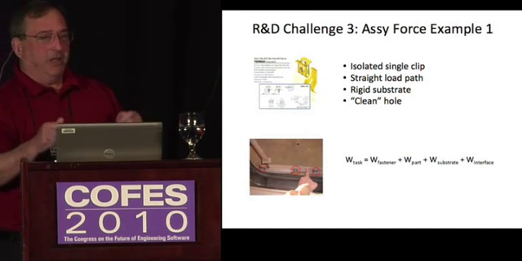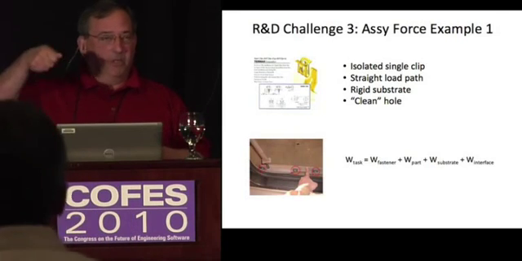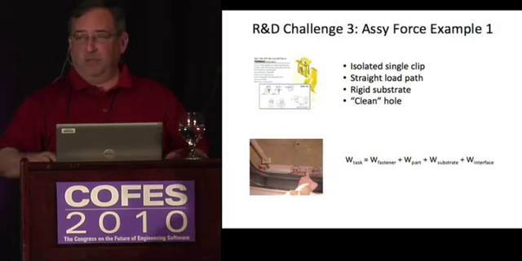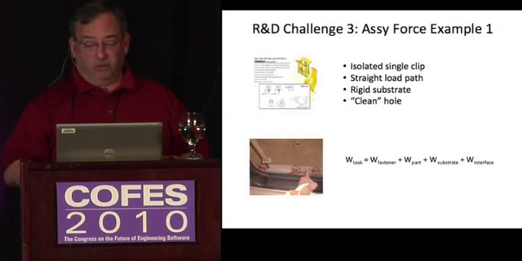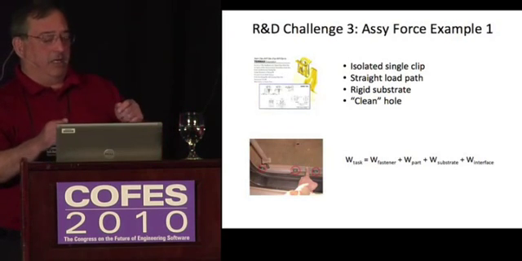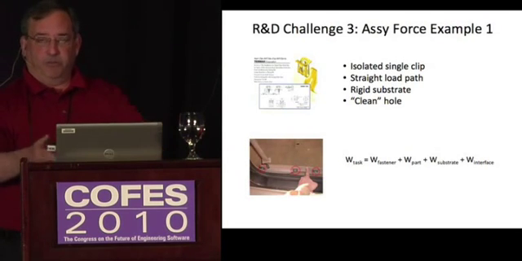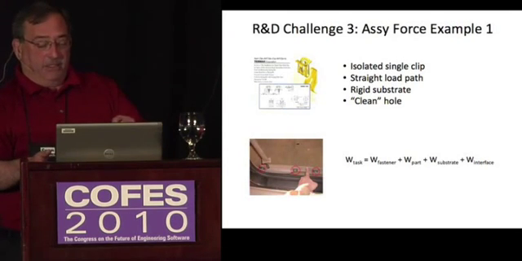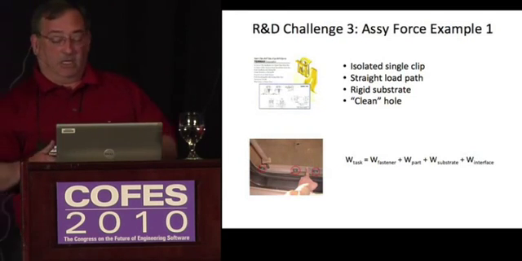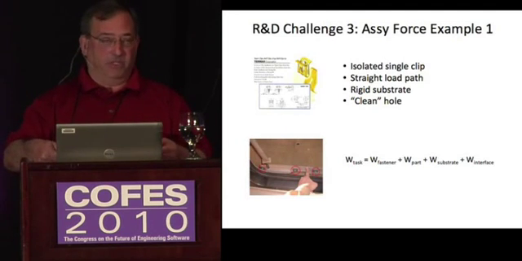But the data that we get from the supplier is based on a single clip being inserted with a straight load path into a rigid substrate with a very clean hole. And in the real world, none of those things really are true, okay? There are usually multiple clips on a trim part, and as a result of manufacturing variation or whatever, I don't have the luxury of having straight insertions except for maybe the first time.